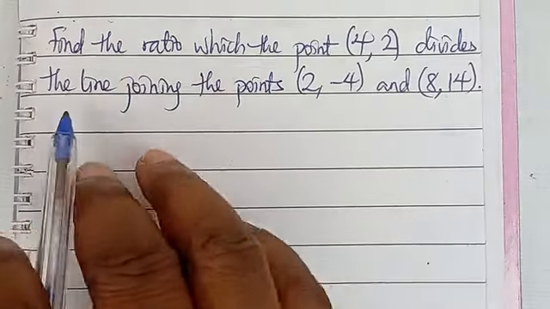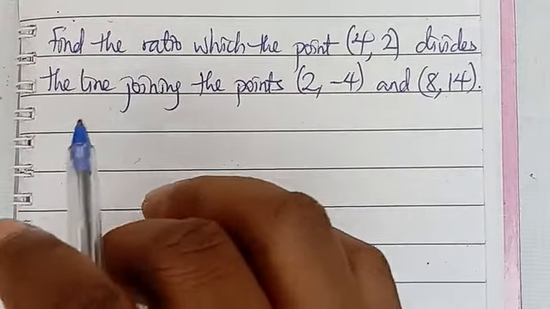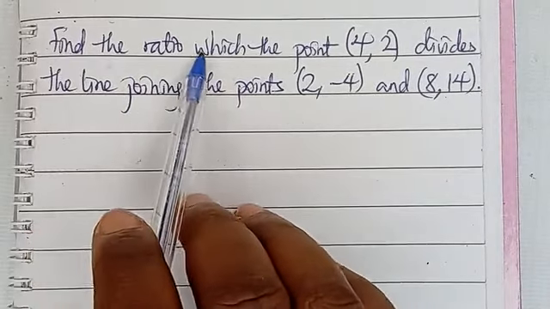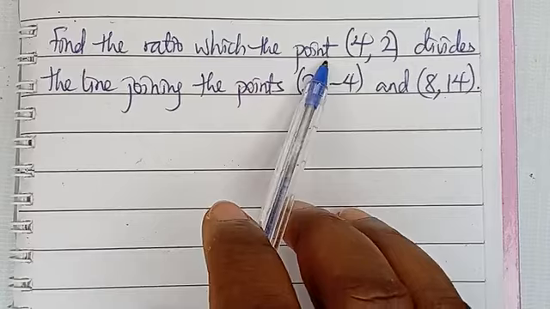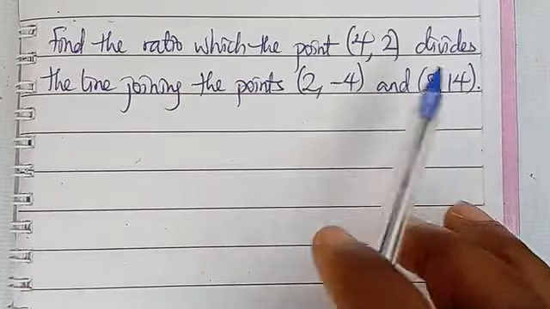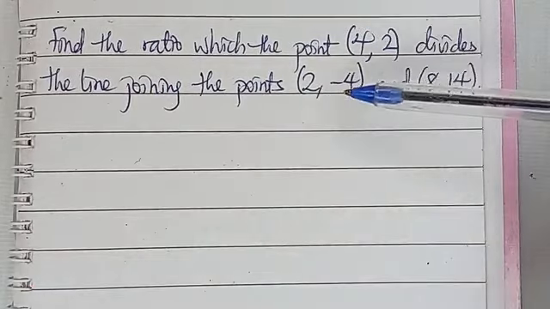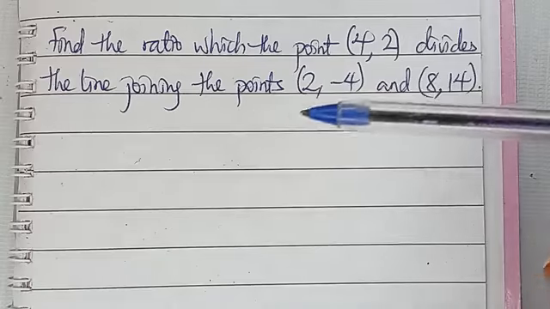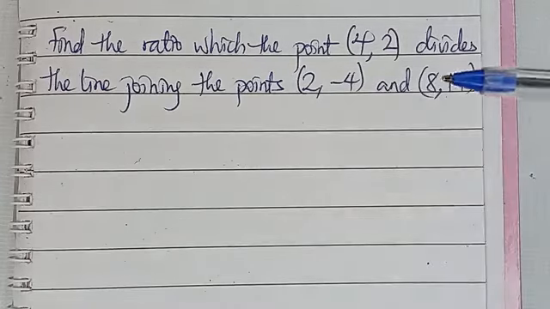And now before we go, let us look at a little tweak in the question. Find the ratio in which the point (4, 2) divides the line joining these two points. So in this question, we've already been given the coordinates of the point which divides the line into a certain ratio, and we've been asked to find what the ratio is.